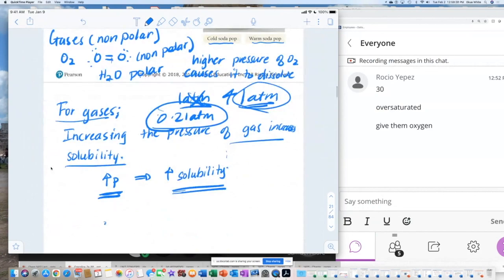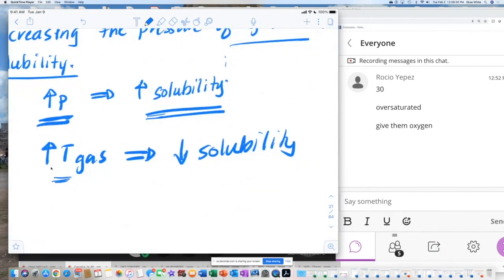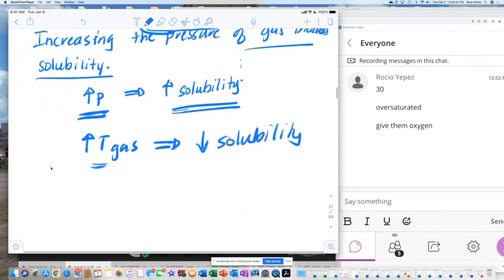With gases, sadly, if you increase temperature of gases, what we end up having is less solubility. Why is higher temperature bad for gas solubility? Remember, gas molecules love to move and they don't really have a natural compatibility with water.